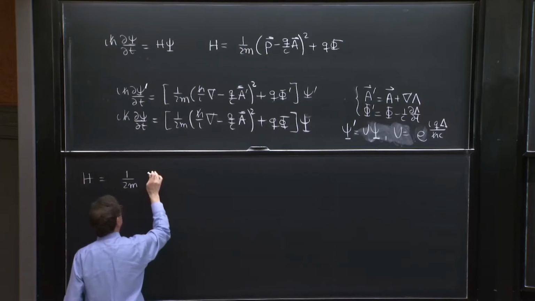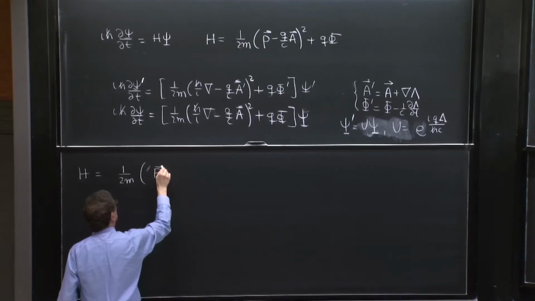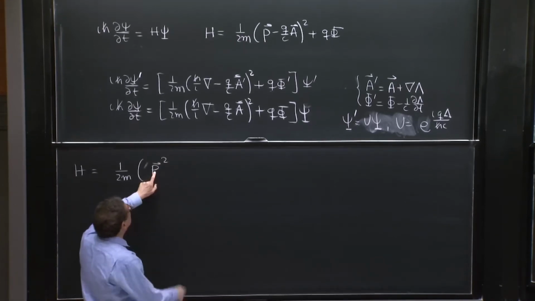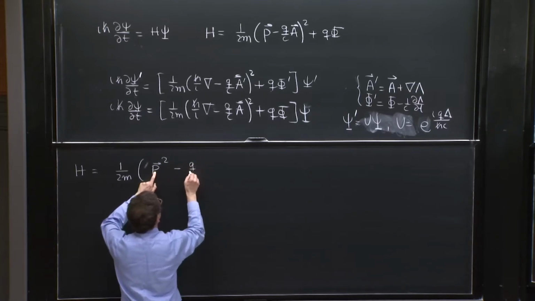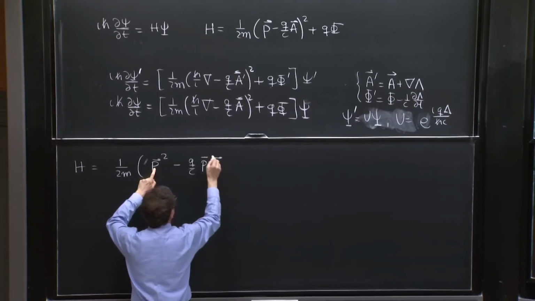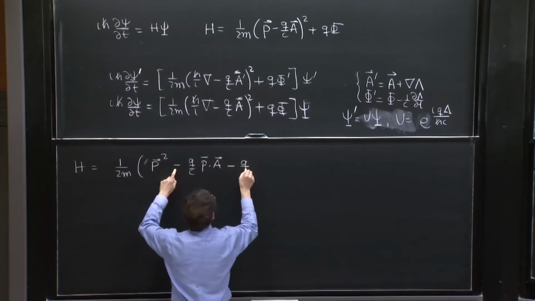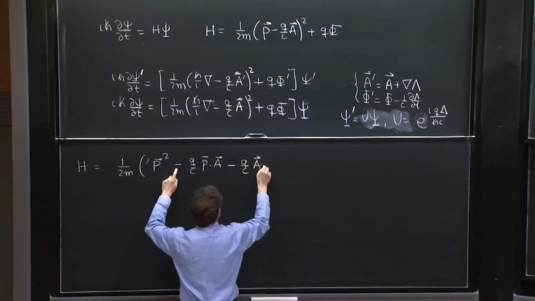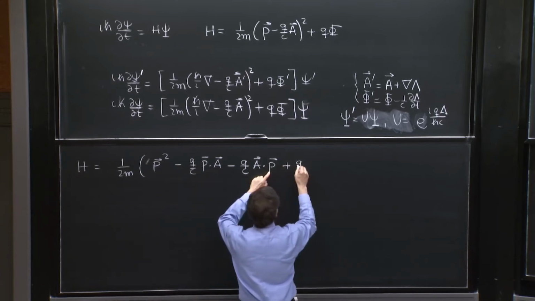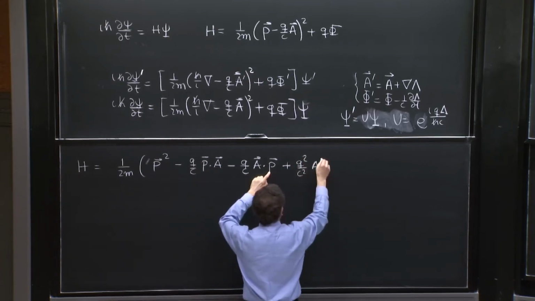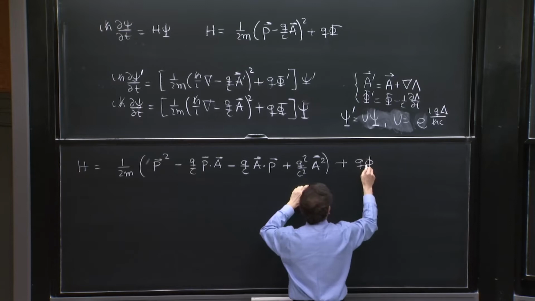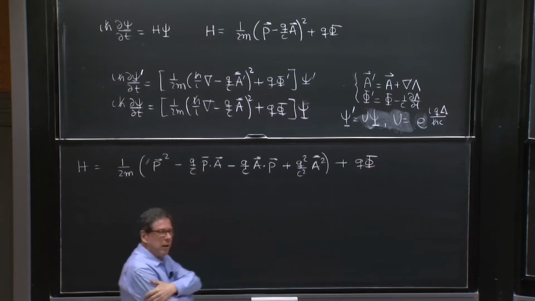So following the careful things we're accustomed to do in quantum mechanics, I would put p squared here, minus q over c p dot A, minus q over c A dot p, plus q squared over c squared A squared, plus q phi. That's how the Hamiltonian looks.